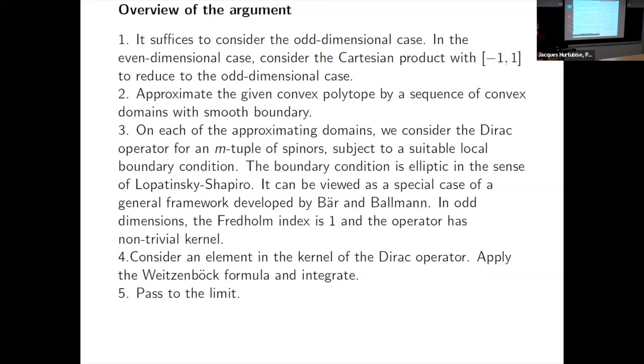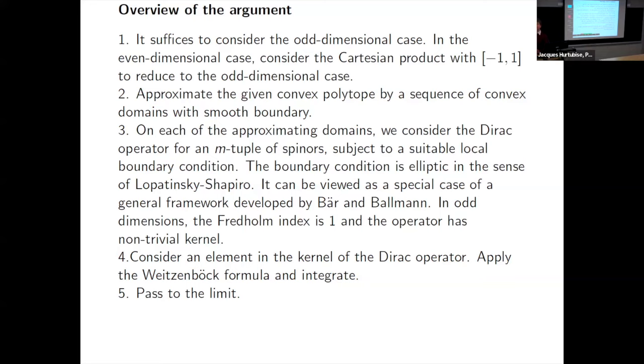It turns out that if you set up this boundary problem for the Dirac operator, then the index is equal to 0 in even dimensions, and it's equal to 1 in odd dimensions. And so if you're in odd dimensions, because the index is 1, you can conclude that the operator has a non-trivial kernel, because the dimension of the kernel exceeds the dimension of the co-kernel.